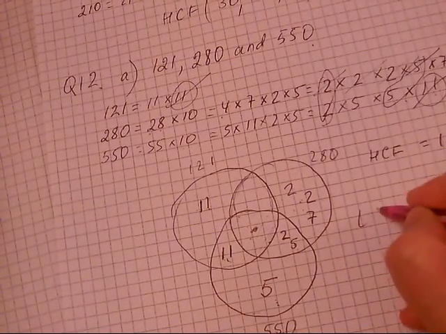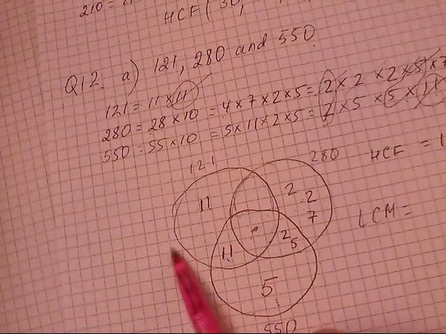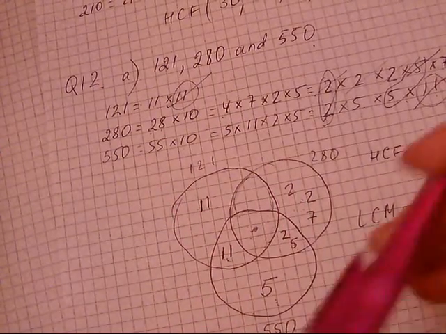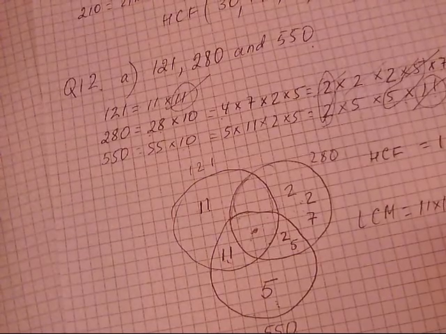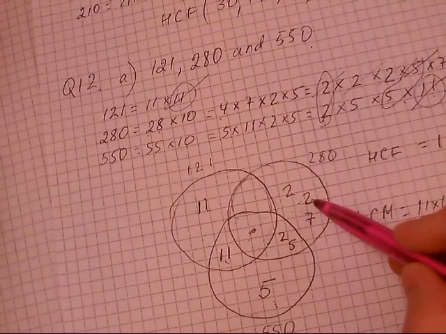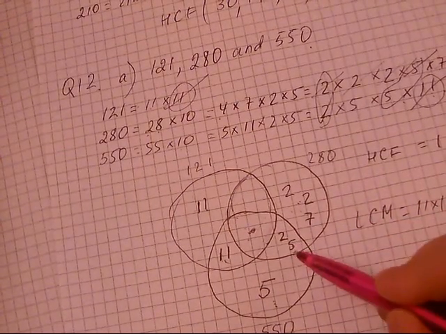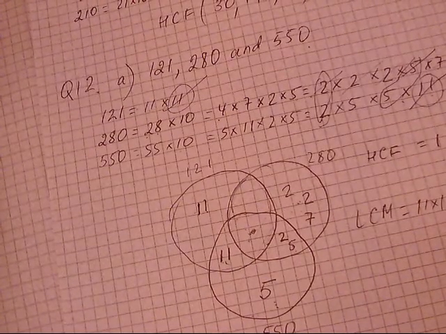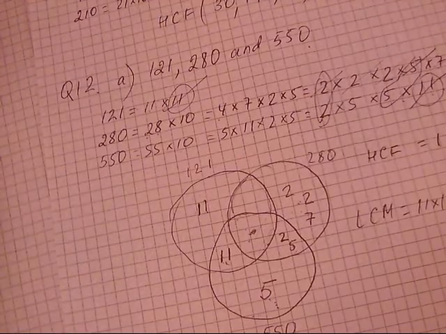Okay, so the LCM will be the product of all factors, once each, from the Venn diagram. So it's basically 11 times 11 times 2, 2, 2, 5, 7, and times this 5.